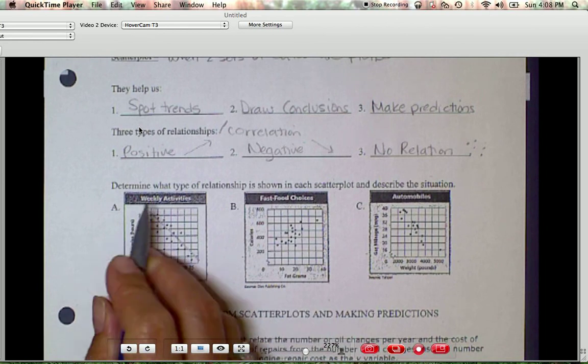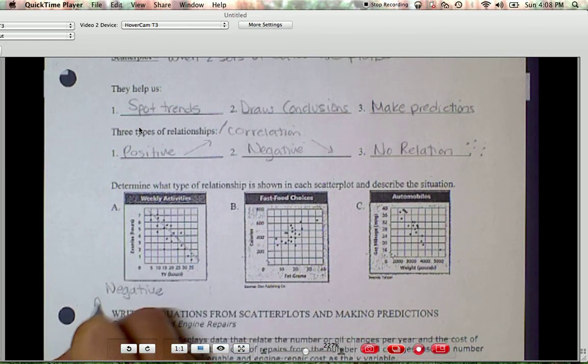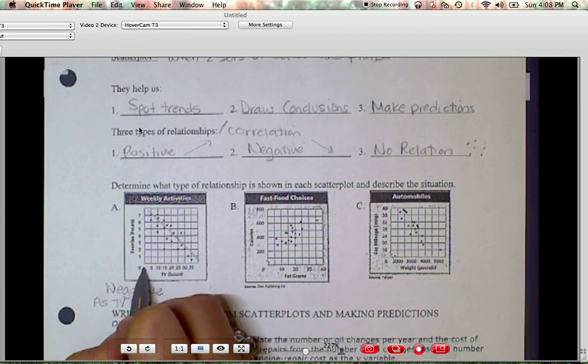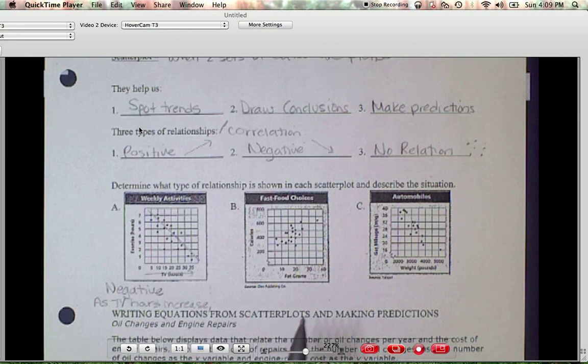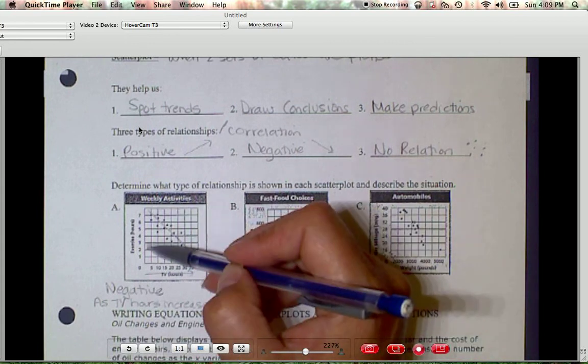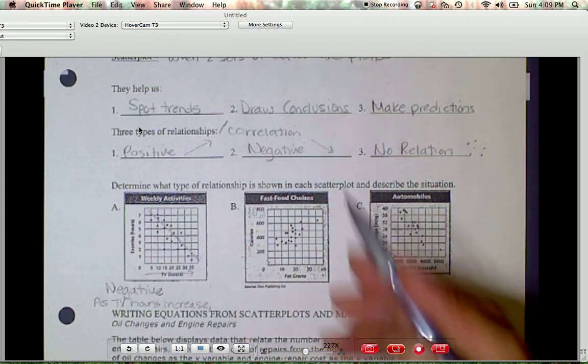Go alphabetical order. So you would say something like this: as TV hours increase, exercise starts to decrease.